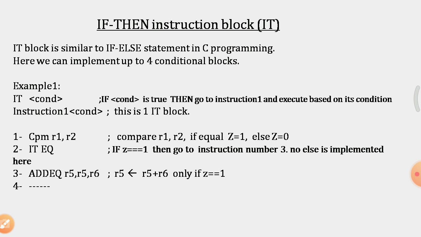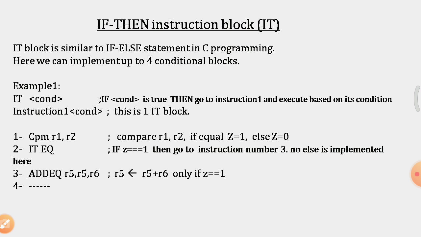For example, here we have written a program of four lines, where the first line is CMP, compare instruction, CMP R1, R2. This compare instruction is going to update the Z flag: if R1 equals R2, Z equals 1, or else Z equals 0.